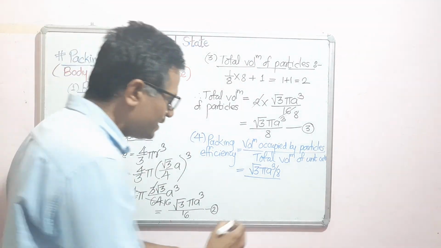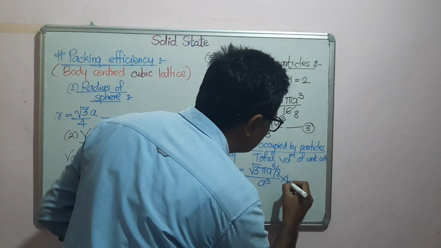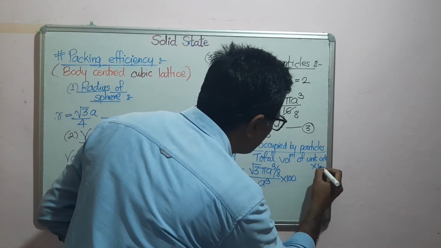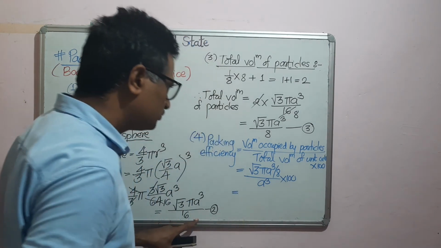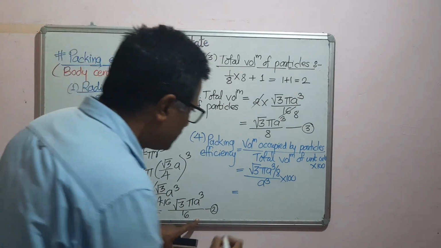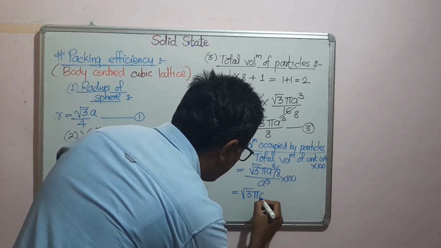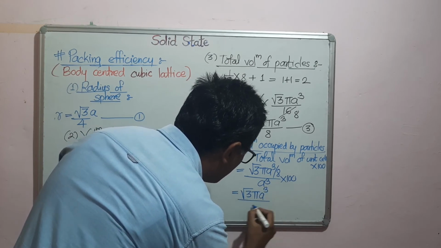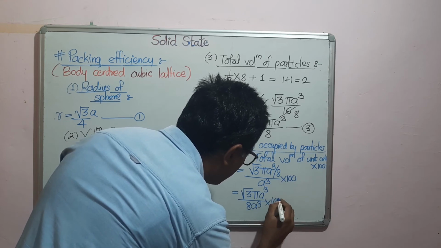As edge length is a, so total volume becomes a cube. Into 100, so here also you have 100 in this formula. So is equal to, just do the calculation, root 3 pi a cube upon 8 a cube into 100.